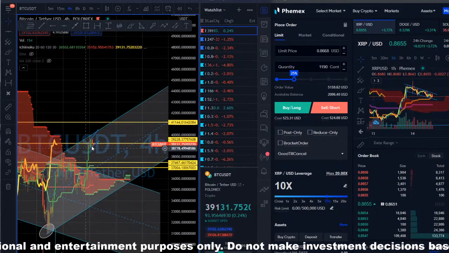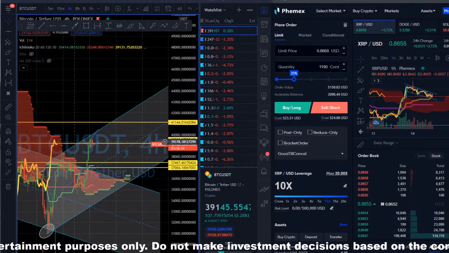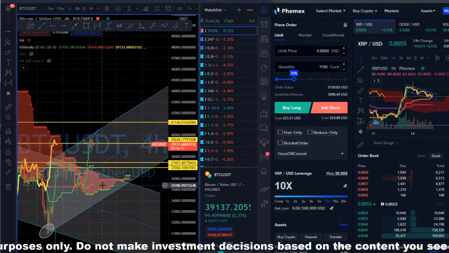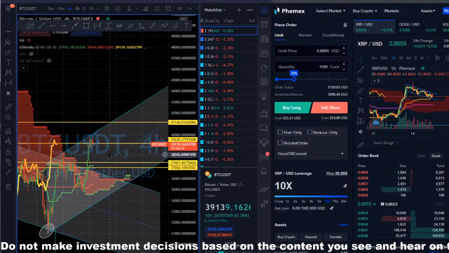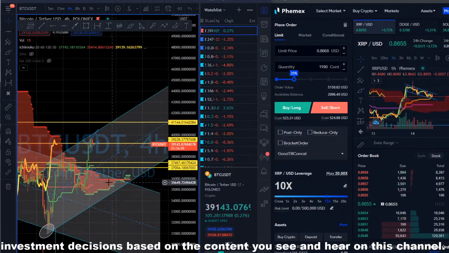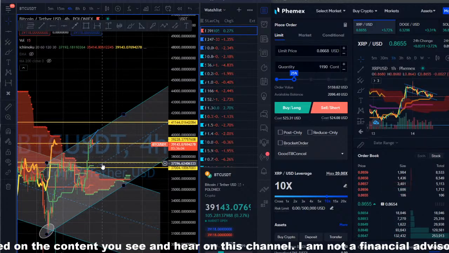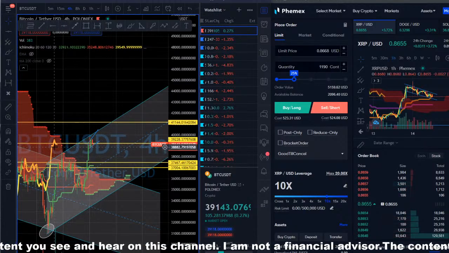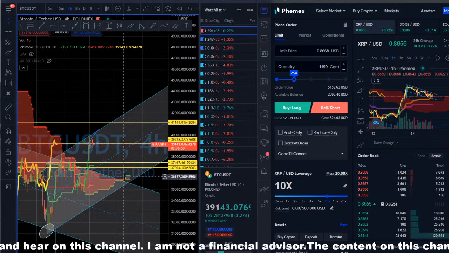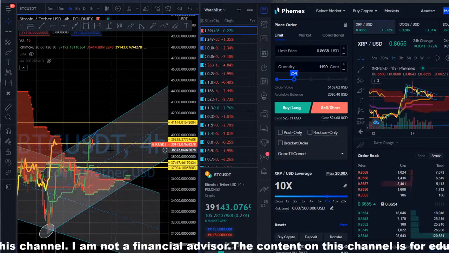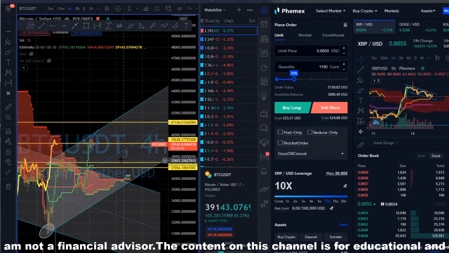So it's indicating that you're overbought right up here. So basically the fourth thing that you want to wait for is the conversion line, the lagging span, the Kumo cloud turn green, and you have a retrace, right? Always go for the retrace.